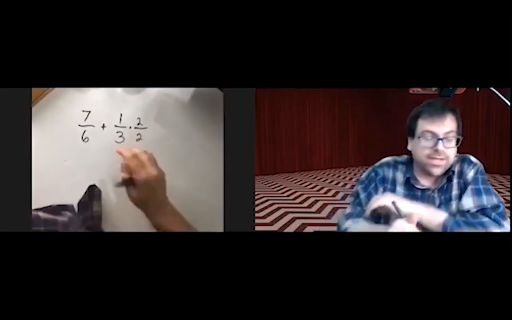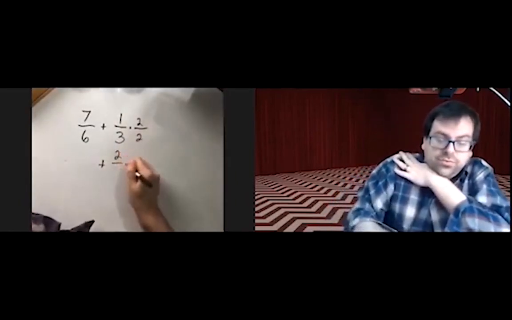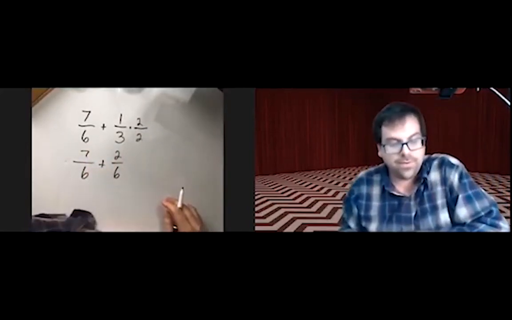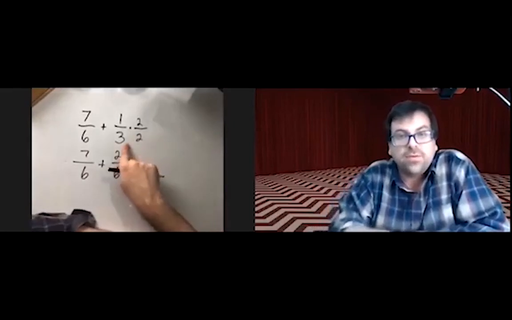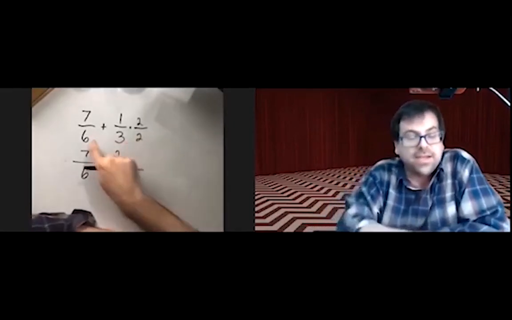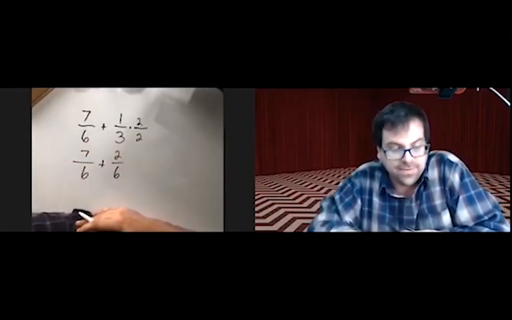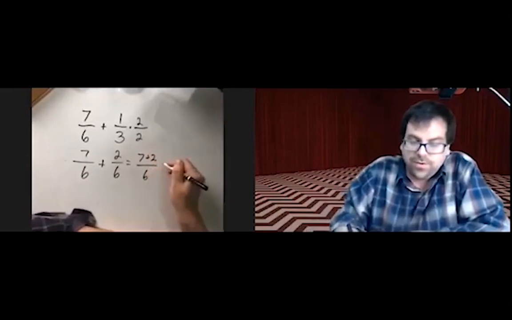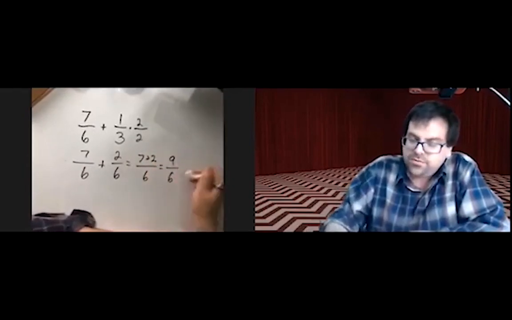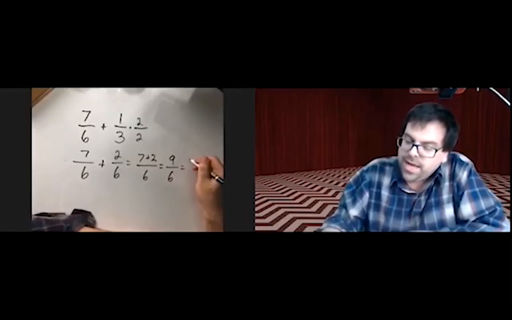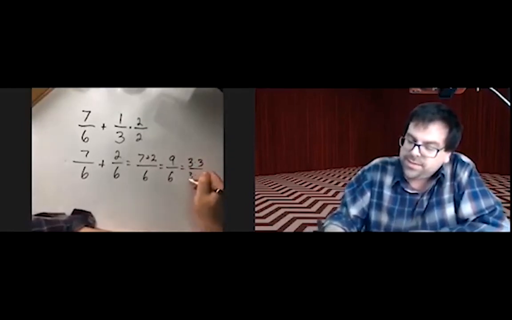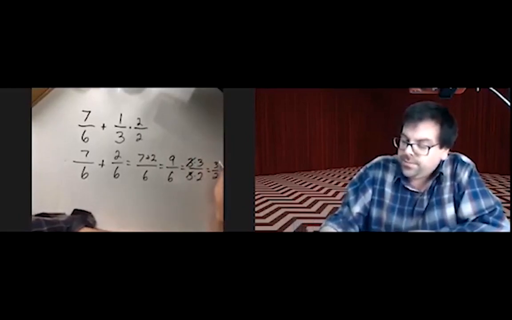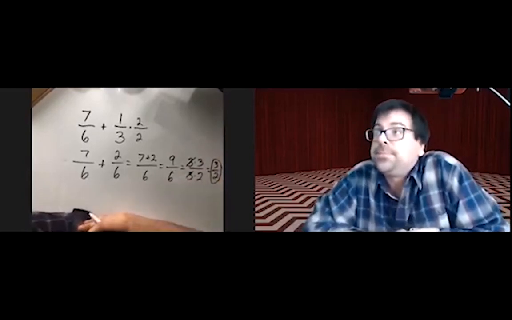Then we can see that this is 2/6. You can do this if you notice that one of them multiplied by something else gives us the second. And then 7 plus 2 over 6, 9 over 6. 9 is 3 times 3, 6 is 3 times 2, the 3's cancel. 3/2 is the answer.